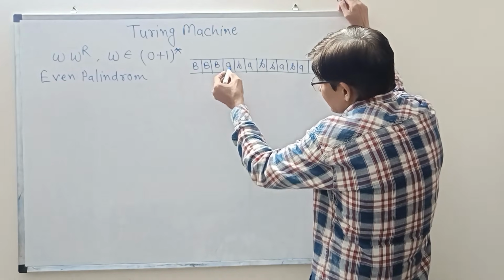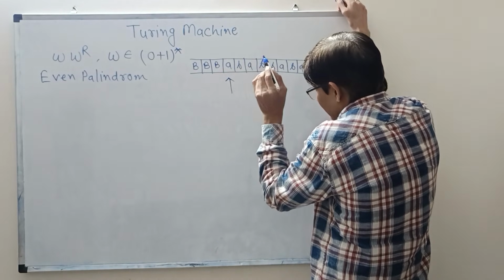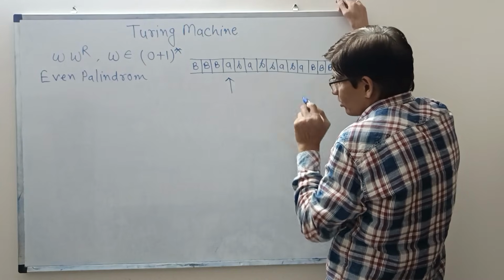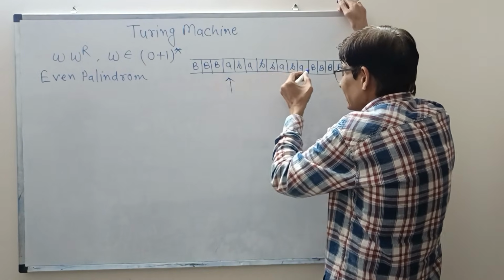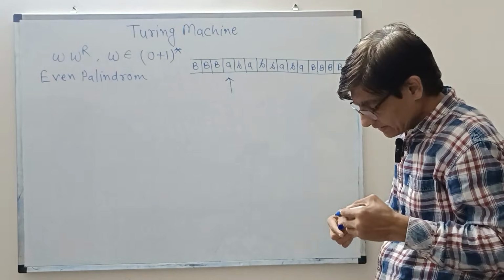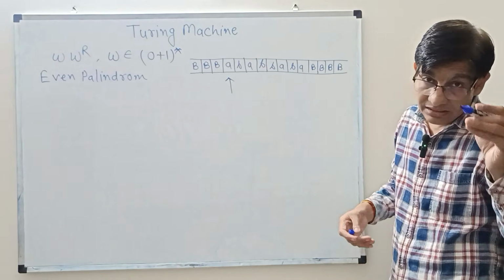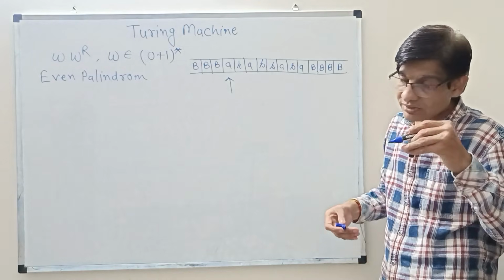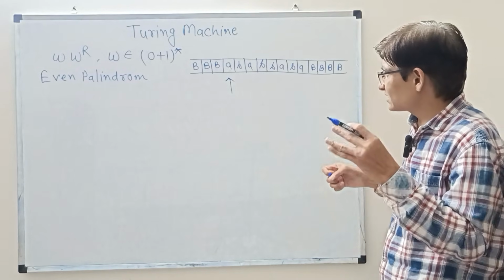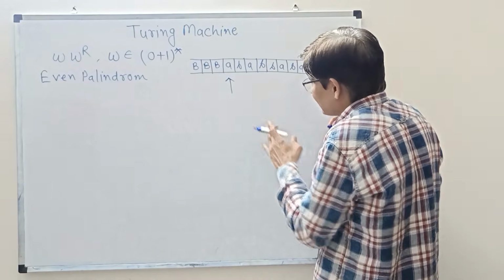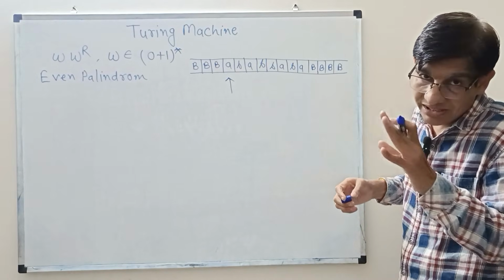In every palindrome the first symbol and the last symbol will be the same. Similarly the second and second last symbol will be the same, the third and third last symbol will be the same, and this same pattern will be there in the complete string.